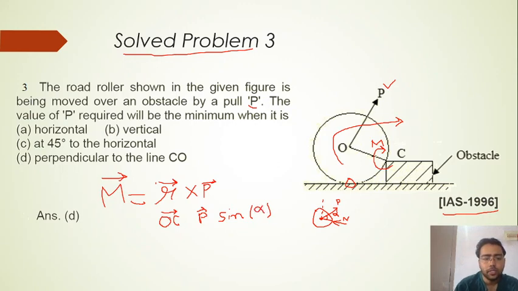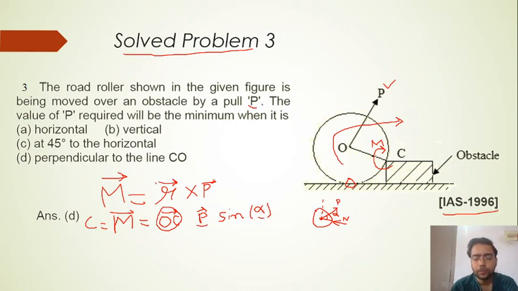That is the cross product between r and P, the basic definition of moment that we know from lower classes. Now they are asking that this moment should be constant. We have to assume the moment is constant, and OC is always constant because OC is the radius. We cannot change it. What we can change are P and alpha.